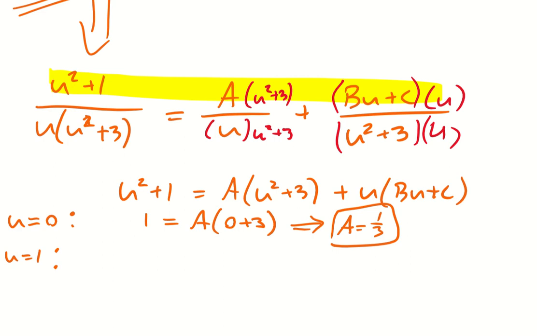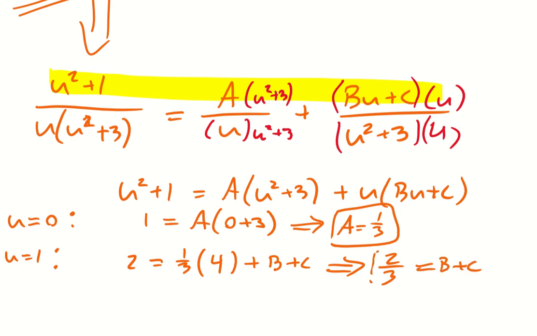And so for the left-hand side, we get 2 is equal to, and let's substitute the 1 over 3 for A right away, 1 over 3 times the quantity 1 squared plus 3, that's just a 4, plus u is a 1, so we just have B plus C. And let's simplify that. So we have 4 over 3, then 2 minus 4 over 3, so we have 2 over 3 is equal to B plus C.